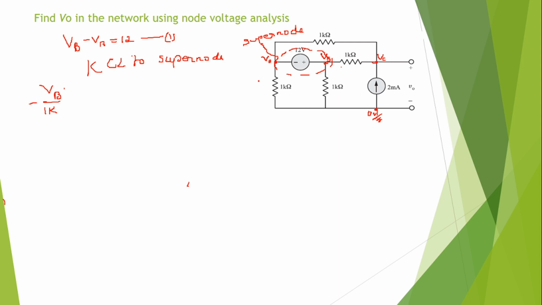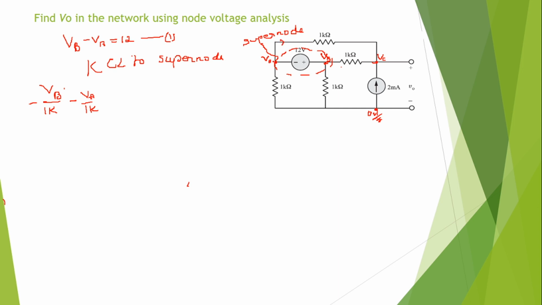Now what is the current through this 1 kilo ohm? This is VA by 1K. It is also flowing out of this supernode. Outgoing current I will consider as minus, so minus VA by 1K. Now coming to this 1 kilo ohm, I am assuming the direction like this.